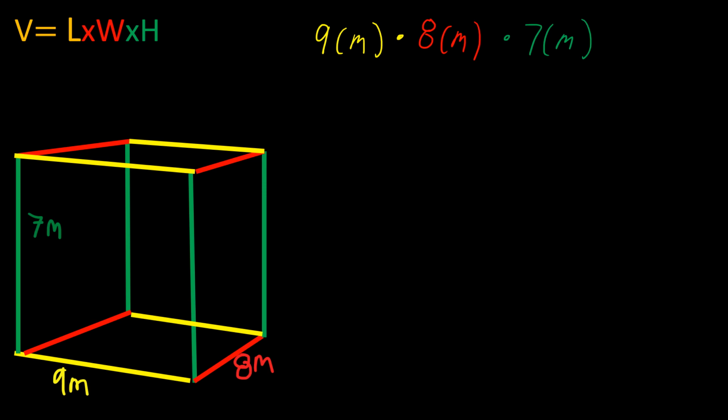Now we compute the answer: 9 times 8 is 72, and 72 times 7 is 504. So our answer is 504 meters cubed.